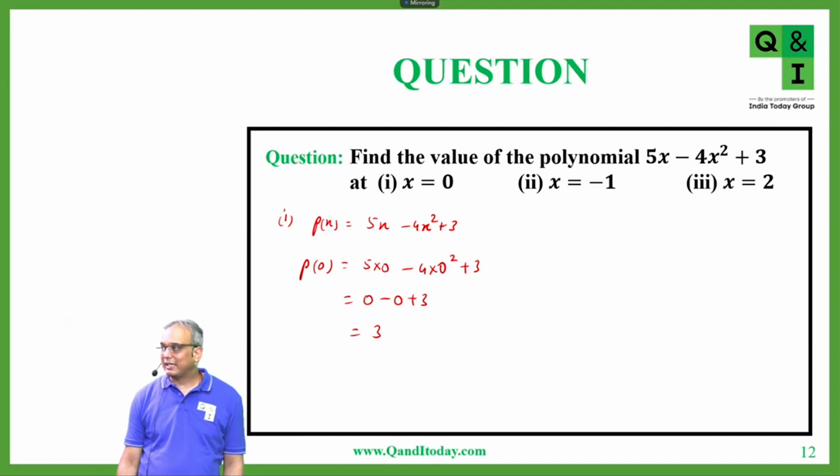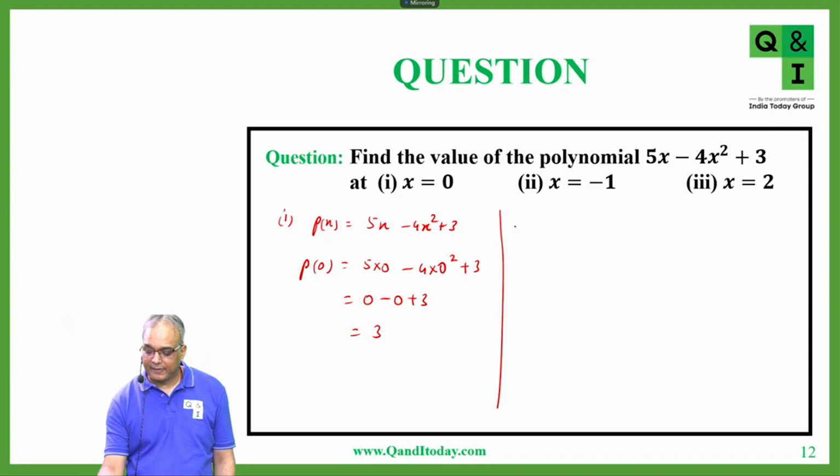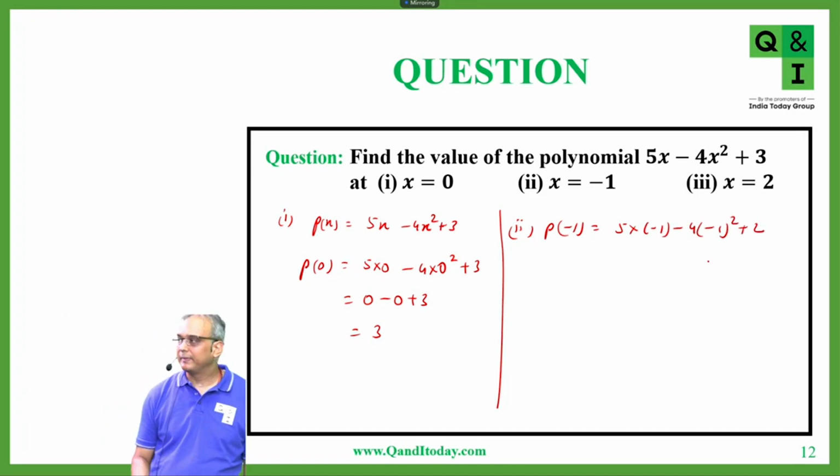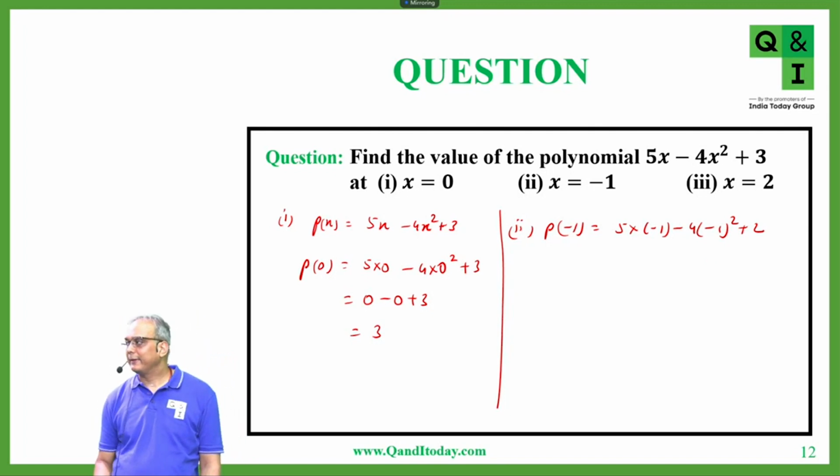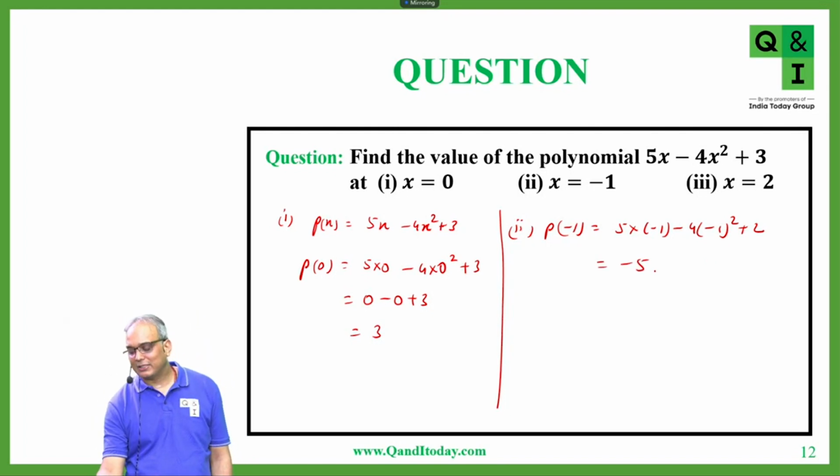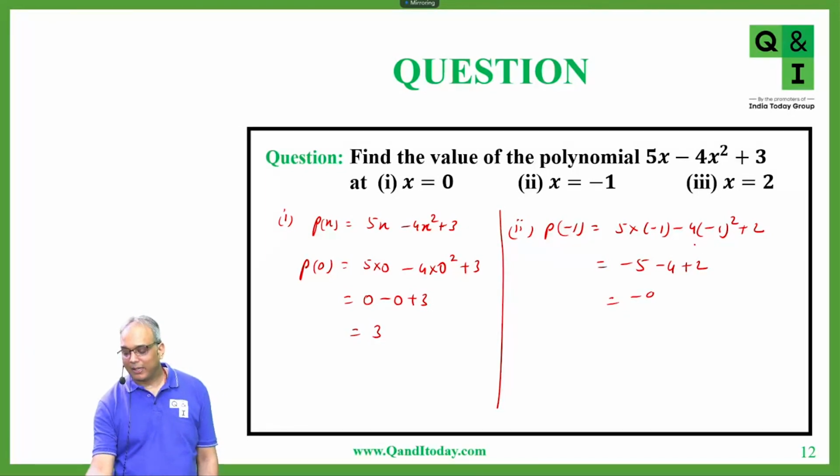Yes, it is correct. For the second one, p(-1) will be 5 into minus 1 minus 4 into minus 1 square plus 3. So this is -5 -4 plus 3, I'm sorry.